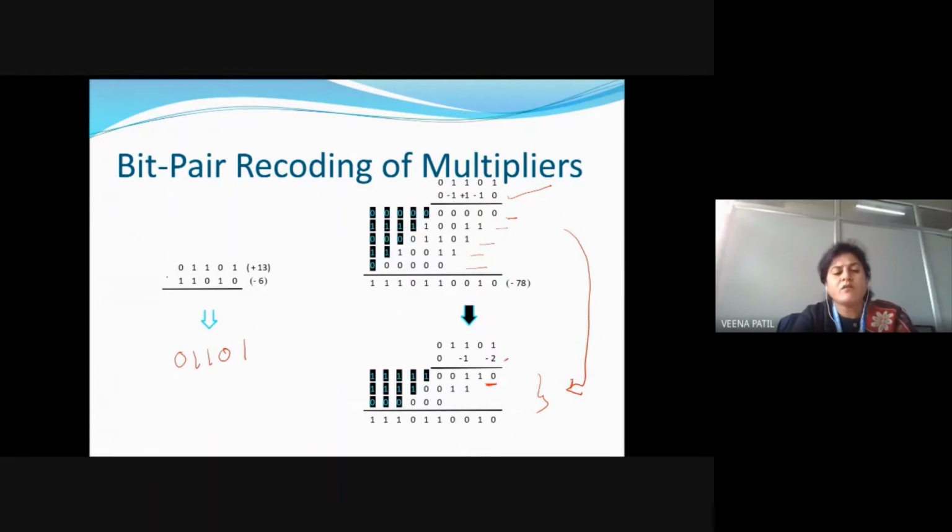What is 2's complement of this? 10010 plus 1. It is 10011. Yes, this is the 2's complement of the multiplicand m. So whenever I encounter a minus 2, then what you have to do? You have to take 2's complement of the multiplicand, but write it after 1 bit shift.